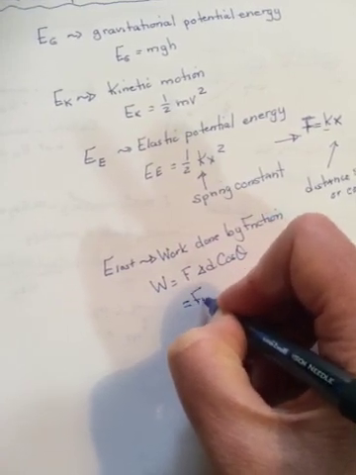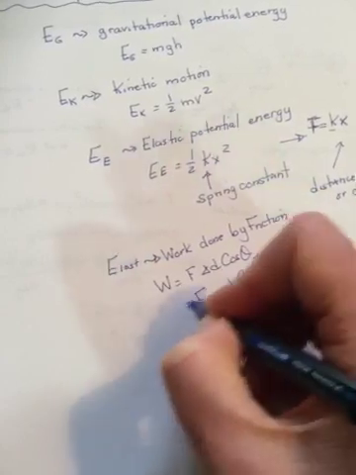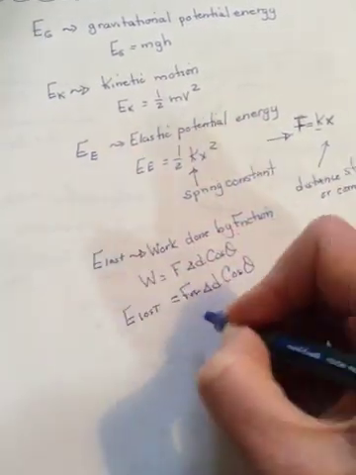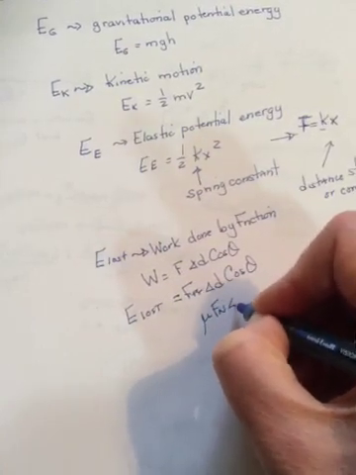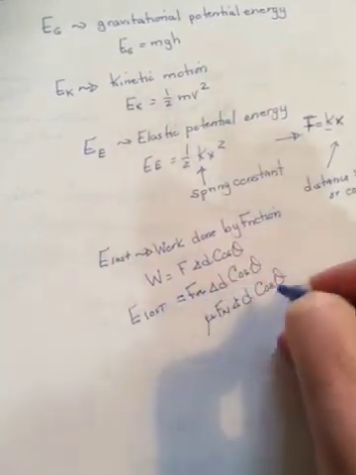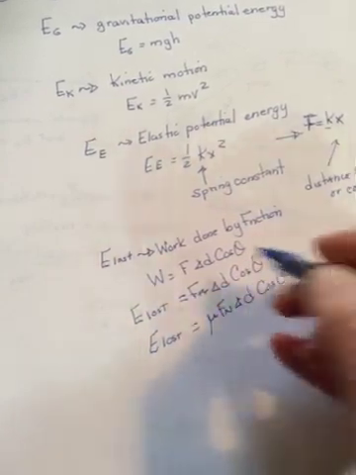So it'll be F_fr delta d cos theta. And of course, whether it's on a level surface or not, F_fr is mu F_n delta d cos theta. So we could find the mu. If it's on a level surface, the F_n would just be mg.